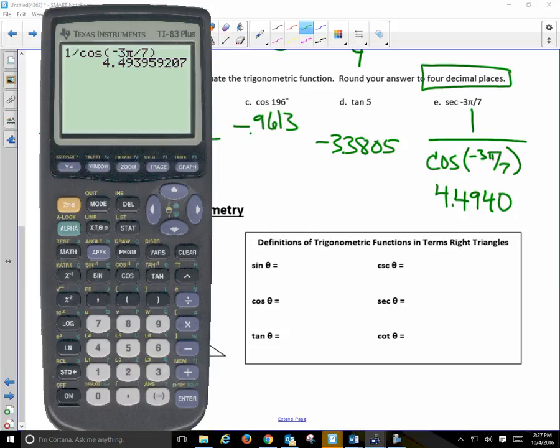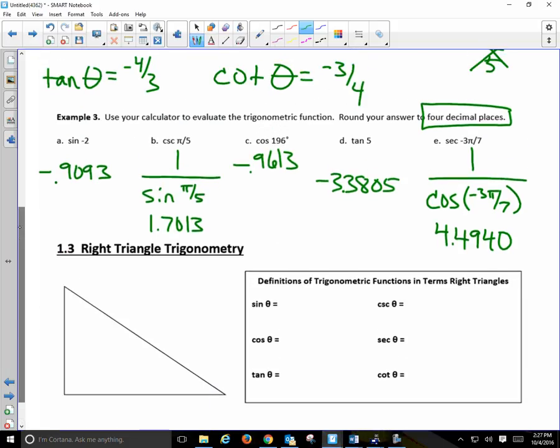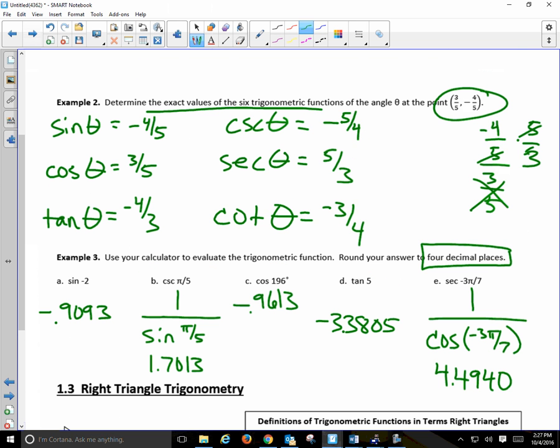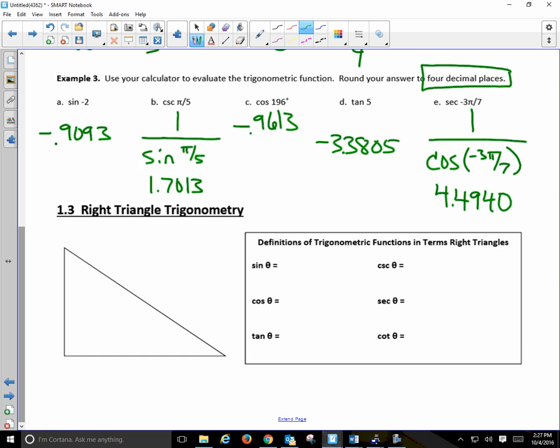So today you're going to practice two things. Number one, writing all 6 given a point. And number 2, plugging into your calculator. These are both things that you're going to want to do on your next test. So make sure that you know them. You know how to do them well. And that's it, folks. So we got 1.2.